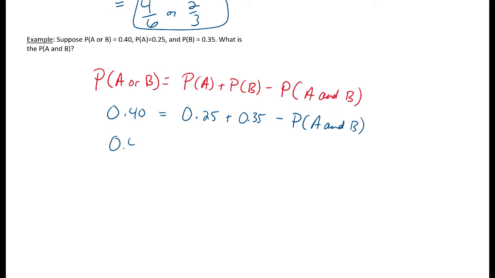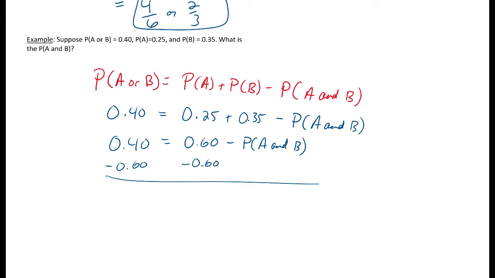So 0.40 has to equal, well, we're going to take 0.25 plus 0.35. That's going to give us 0.60, minus the probability of A and B. All right. I'm going to subtract 0.60 from both sides. There's a couple different ways we can go about this, but I'll subtract the 0.60. And so we have negative 0.20 is equal to negative probability of A and B.